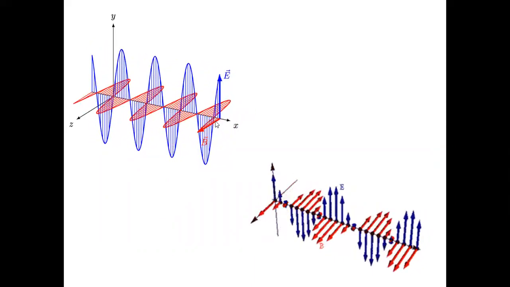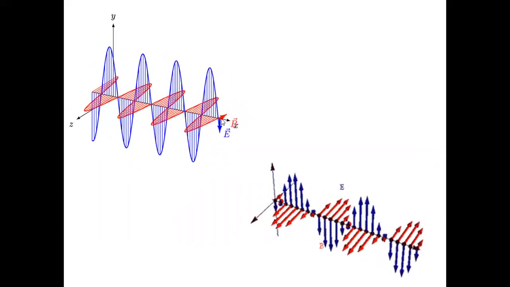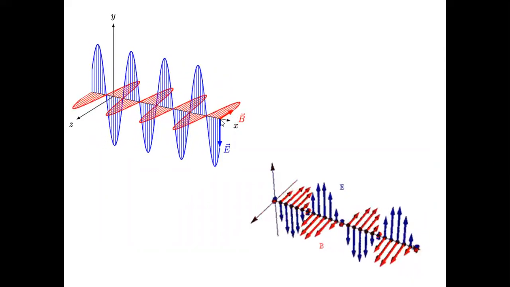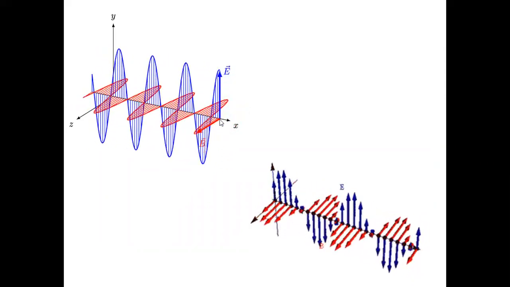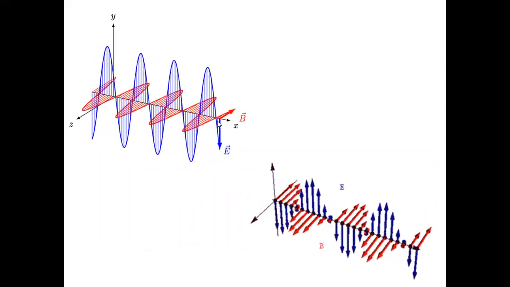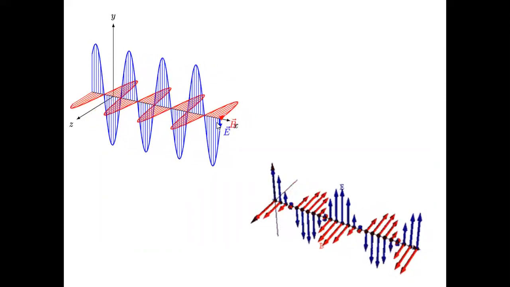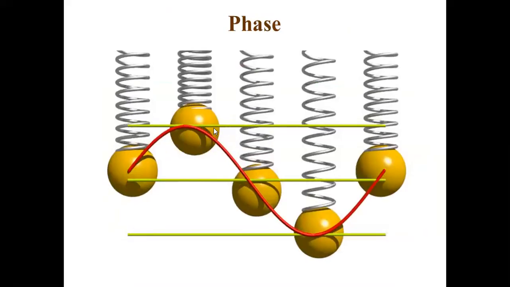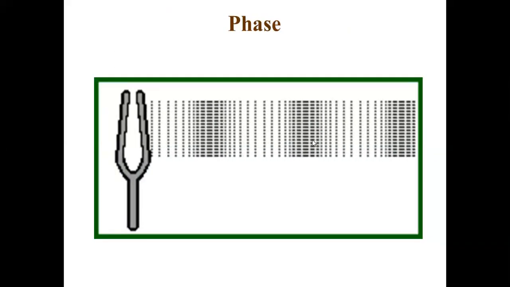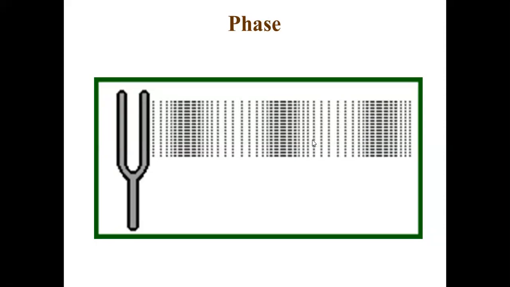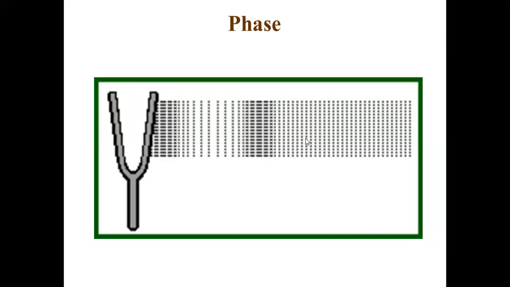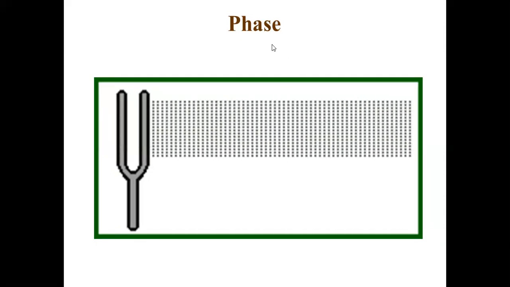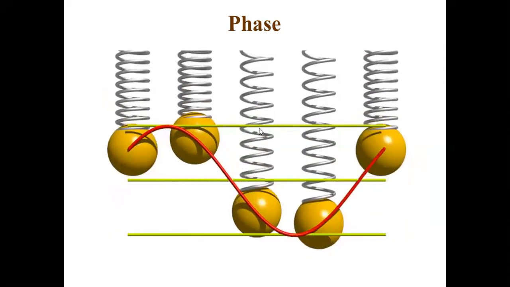Even if you observe this point here, once the electric field is large, then it will be negative, it will be zero, it will be positive maximum. So it keeps on changing. Only when you have a change like this can you have a wave. So here also, when the particles vibrate, when they produce compression, when they produce rarefaction, we get a wave. And okay, we will move on to the transverse wave.